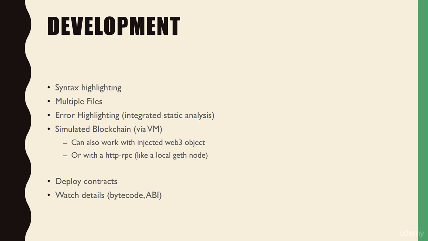With Remix, you can not only develop the contracts, but you can also deploy them, because Remix compiles the contracts. You can also look for the details. Once the contract is compiled, you have the bytecode, Remix shows you the ABI array, and much more information.